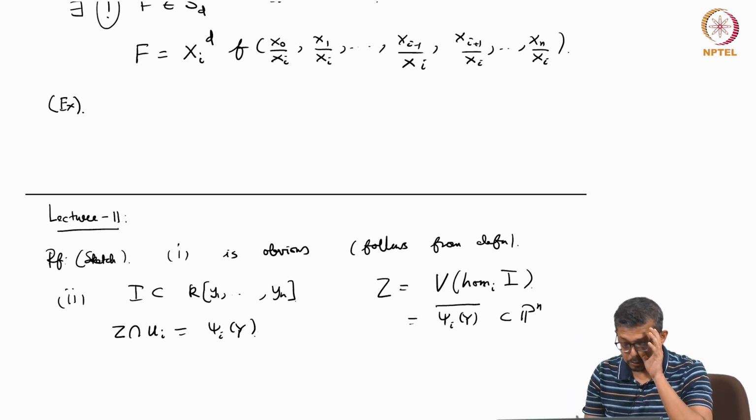And Z intersection Ui is a closed subset in Ui.